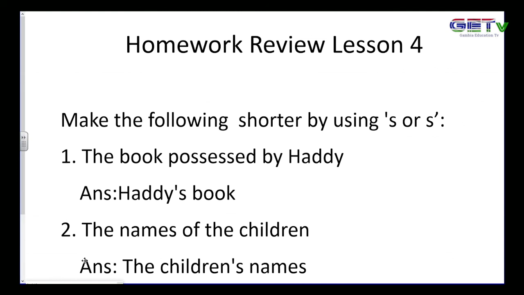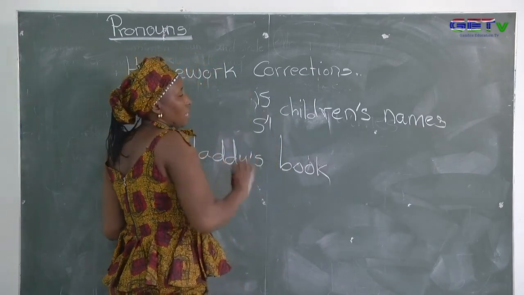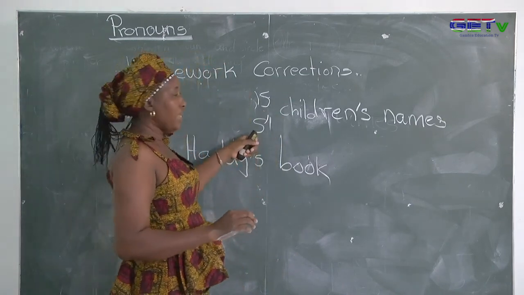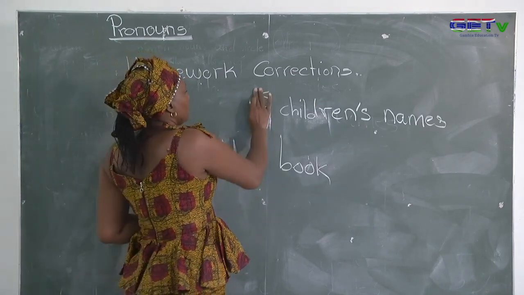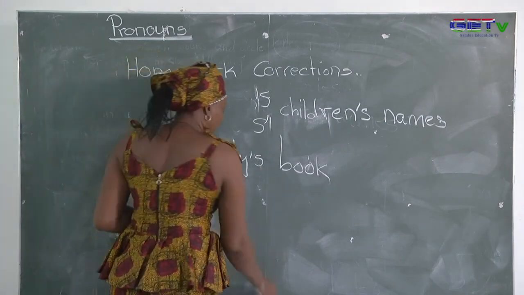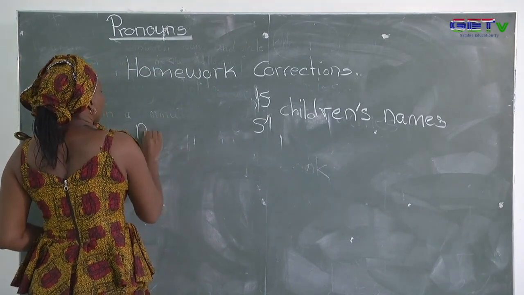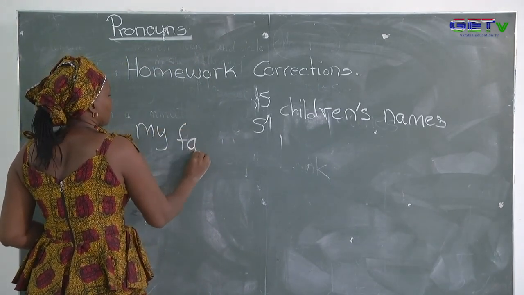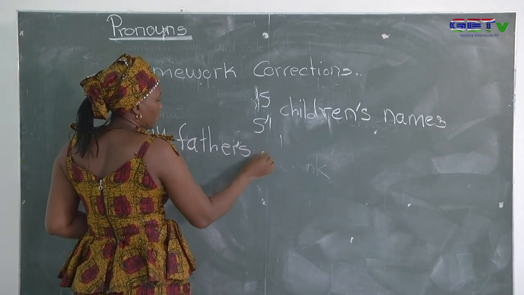In possession, be careful. Noun possession. When the noun doesn't end in S, you use apostrophe S. When it ends in S, you put the apostrophe after the S. For example, my father's car.